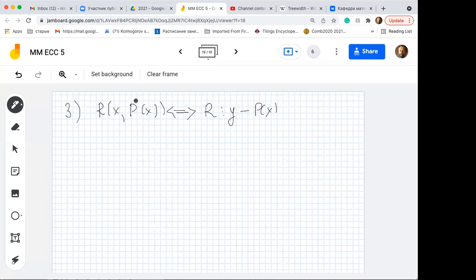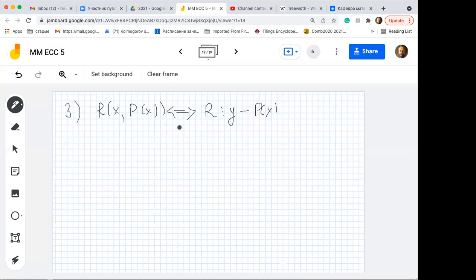And now instead of normal numbers, we have polynomials. So r of x, y can be considered as a polynomial of y whose coefficients are polynomials in x. And this statement says that p of x is a root of the polynomial if and only if r is divisible by a linear polynomial y minus that root.